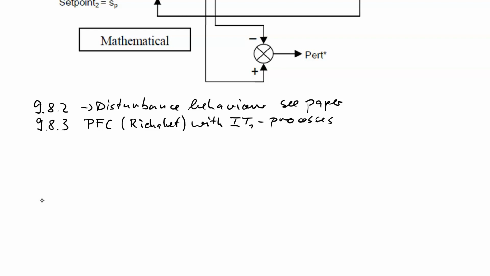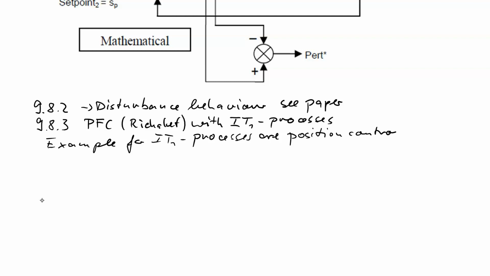What are examples for IT1 processes? Examples for IT1 processes are position control systems, position control, and tank level control. And you can imagine that a position control system very often appears in industry.